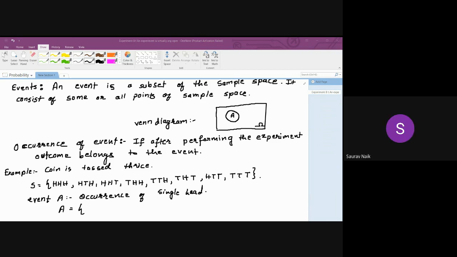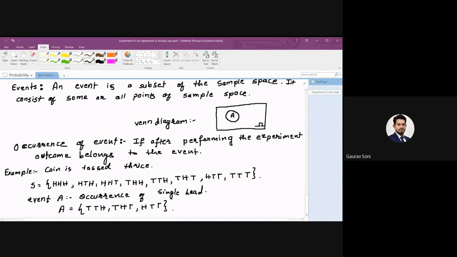Three. Yes, three are going to be occurrence of a single head: head, tail, tail; tail, head, tail; tail, tail, head.